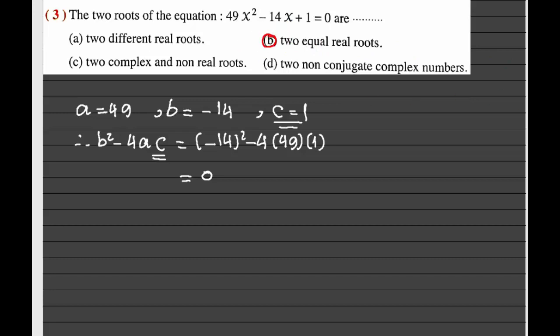Question number 4. The two roots of the equation 6x squared equals 19x minus 15 are: two non-real roots, two equal real roots, two different rational roots, two conjugate imaginary numbers.